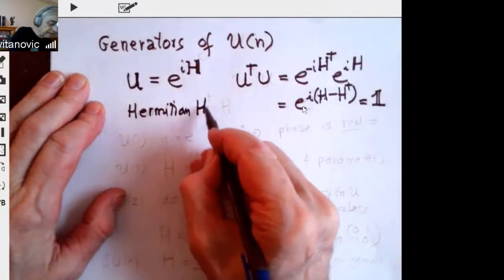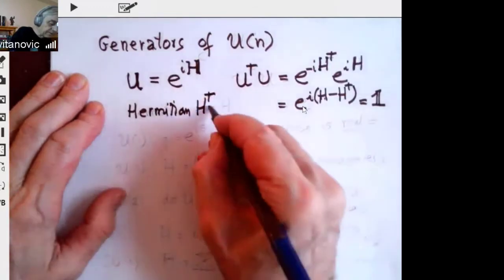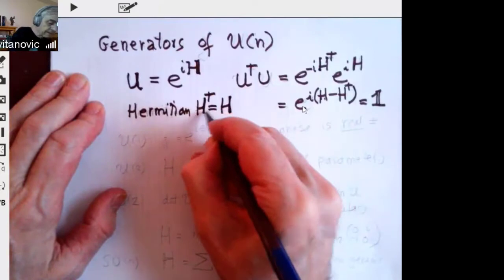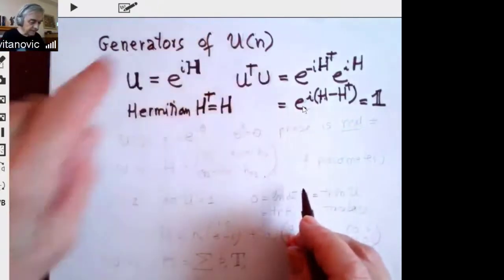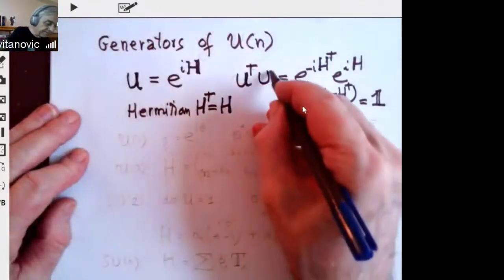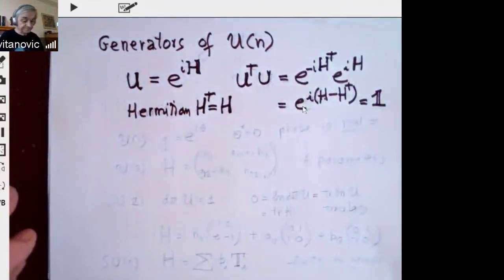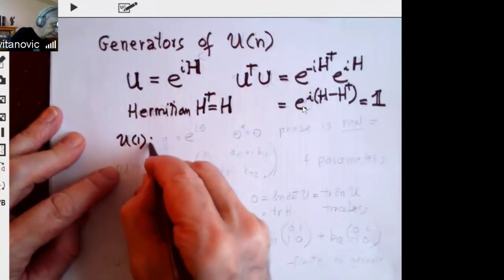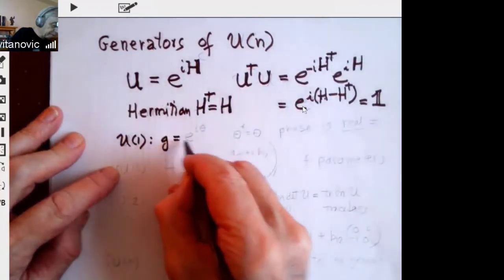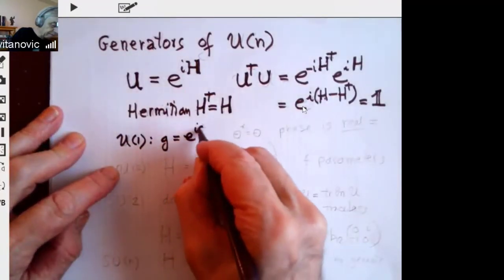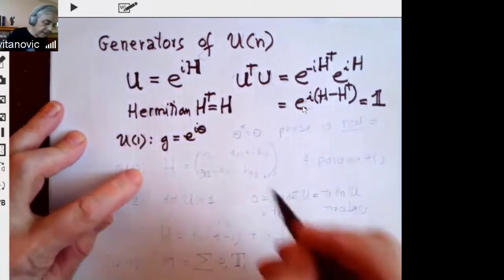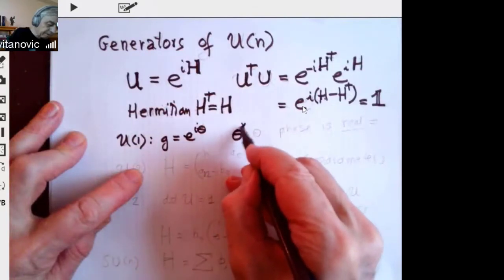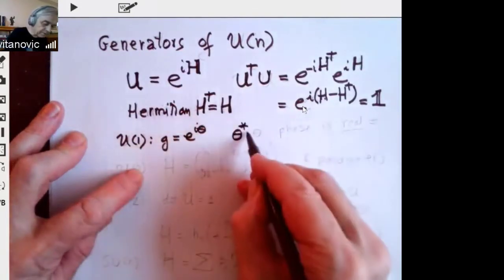Hermitian means that under the operation of Hermitian conjugation, the matrix doesn't change. Now, these are n by n matrices. These are not just numbers. Does this make sense? Well, for U1, the group element was multiplication by a complex phase, and requiring that, it's one-dimensional, the transpose is trivial, so it's just complex conjugate.